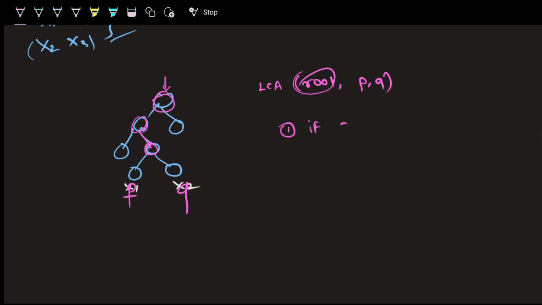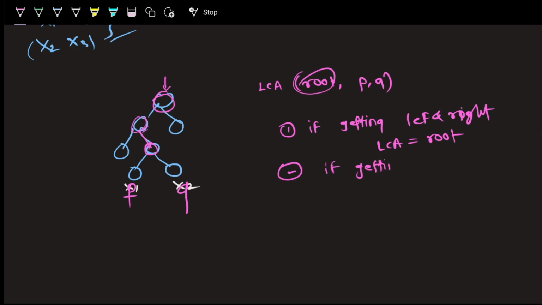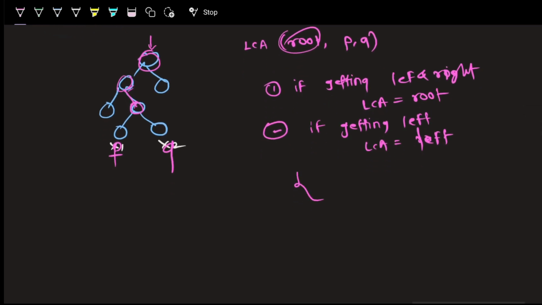If getting from left and right, then LCA is the root. If getting from left only, LCA is the left child, whatever the left child it is, and same for right. If getting from right, then the LCA is the right child only.